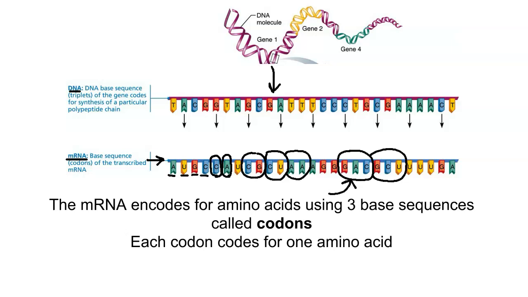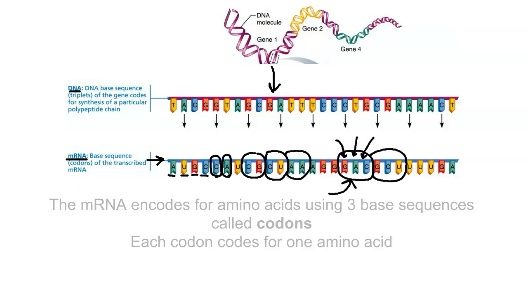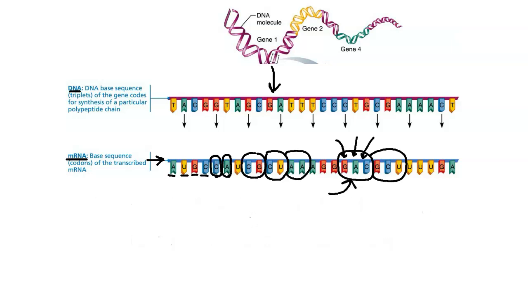Knowing that there are 4 different nucleotides that could be put in each of these 3 positions, that gives you 64 different possible combinations of 3, known as a codon, to encode for the various amino acids.